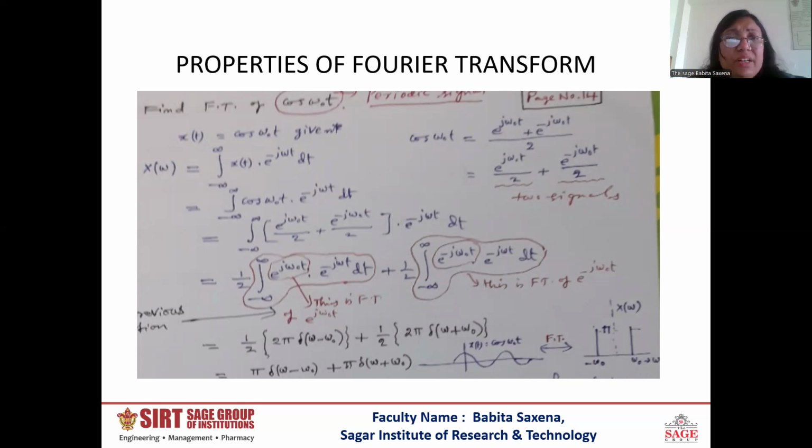For the periodic signal, we will write it in the form of Euler's theorem, and after Euler's theorem it will convert into 1 by 2, e raised to the power j omega 0 t plus e raised to the power minus j omega 0 t. So in this way, we will write the Fourier transform as 1 by 2, 2 pi delta of omega minus omega 0, and similarly for the other term.